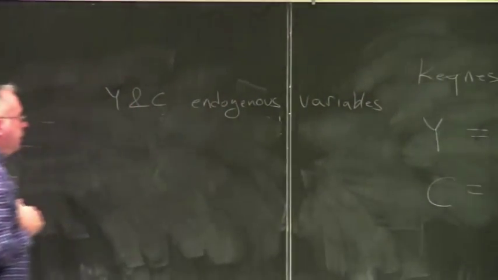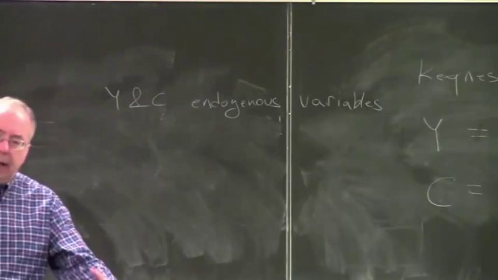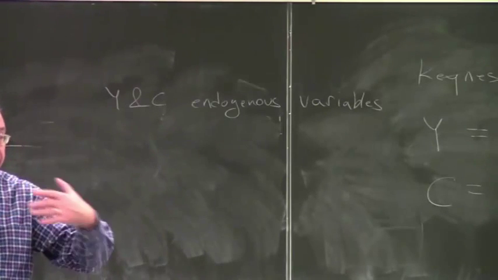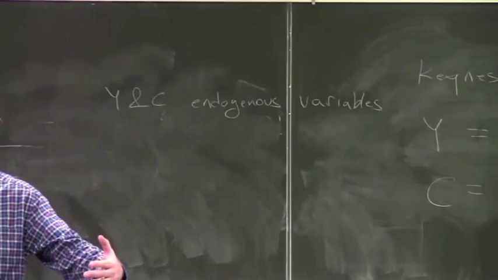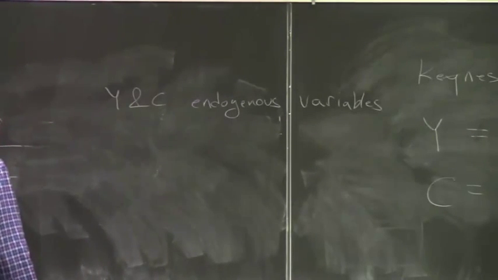Endogenous variables are variables that are explained by the model. The value of endogenous variables is determined by the model. Y and C are endogenous variables.